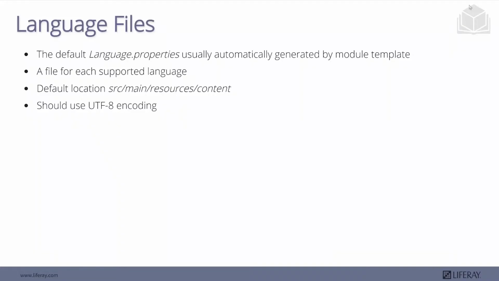Language files are the various files that we can have to support different languages. So by default, we have one called language.properties. But suppose you do want to support multiple languages, maybe English, French, Spanish, Chinese, Arabic, list goes on and on.